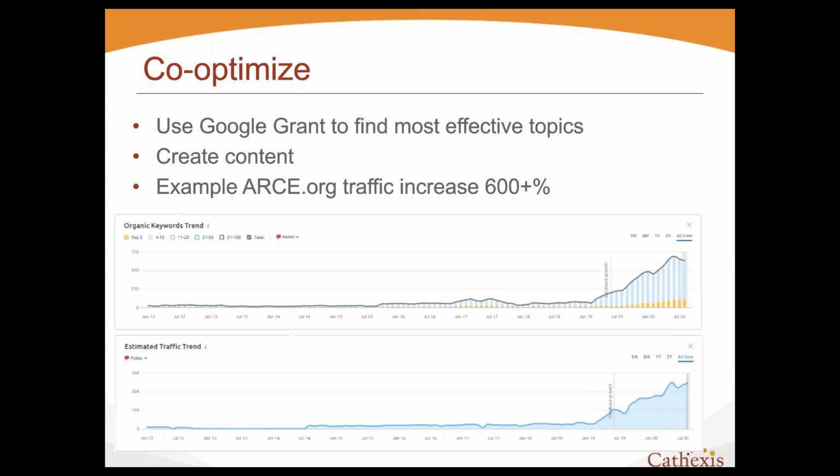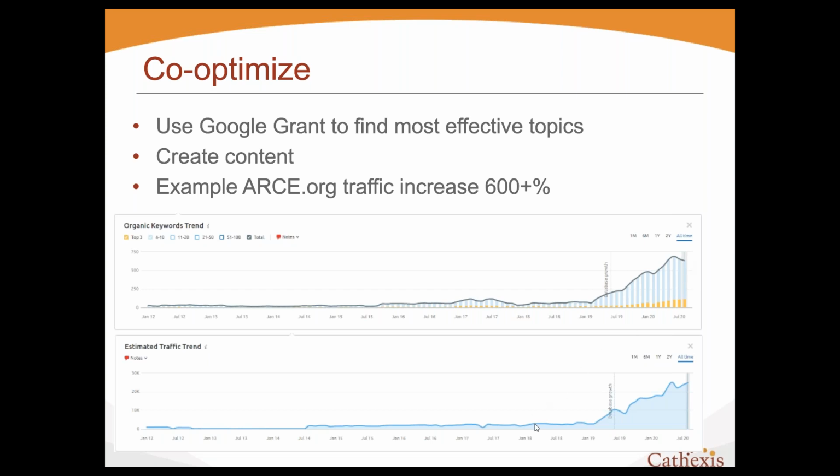And in that way, we were able to create content pages for the Google grant such that the Google grant could be maximized. And then what resulted, all of these numbers that are shown on this page, this is all increased traffic and increased number of keywords that they ranked for in organic search as a result of doing this.